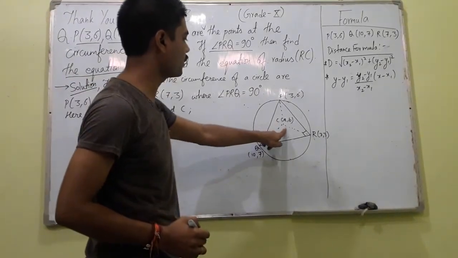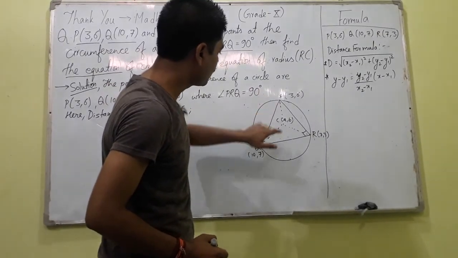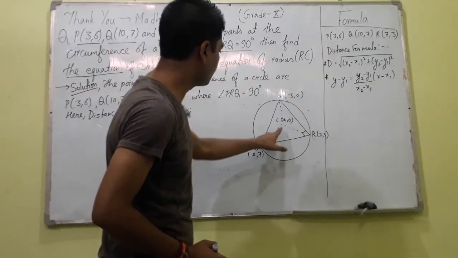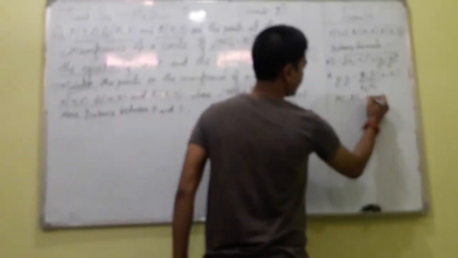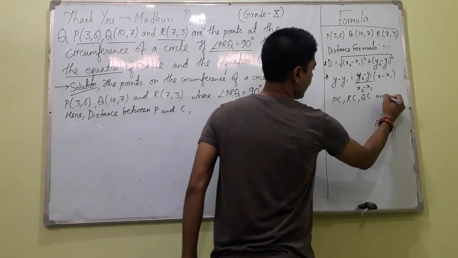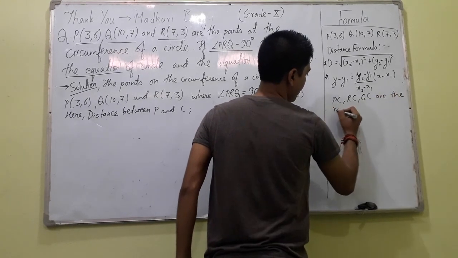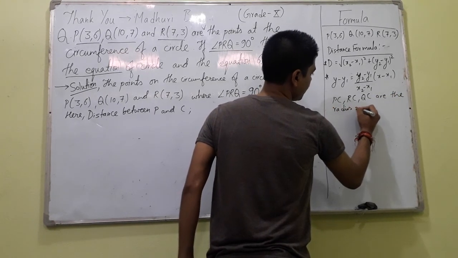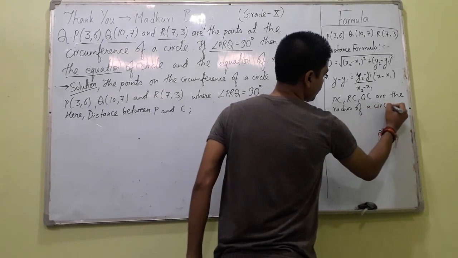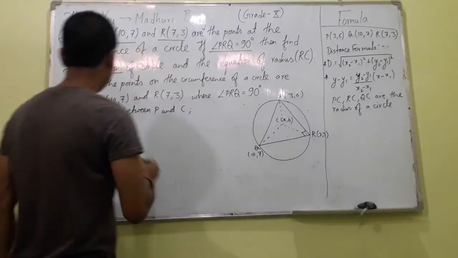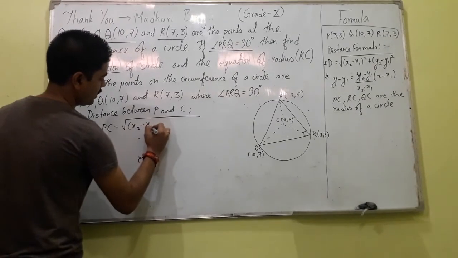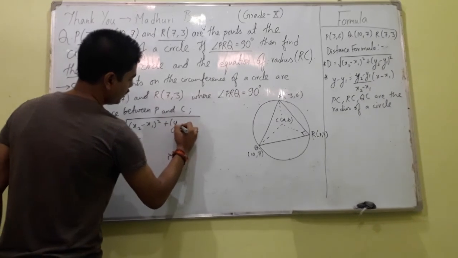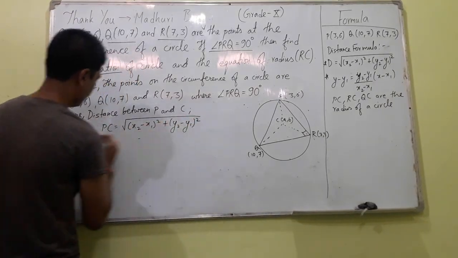C is the center of the circle, and PC, RC and QC are the radius of a circle. PC equals square root of x2 minus x1 whole square plus y2 minus y1 whole square.